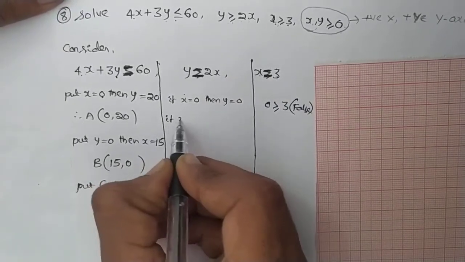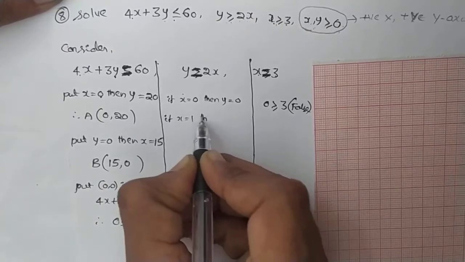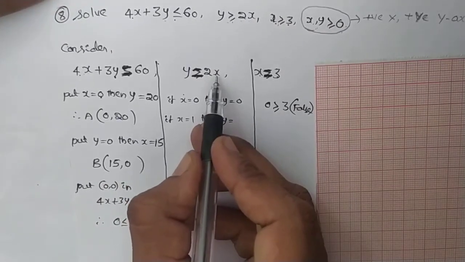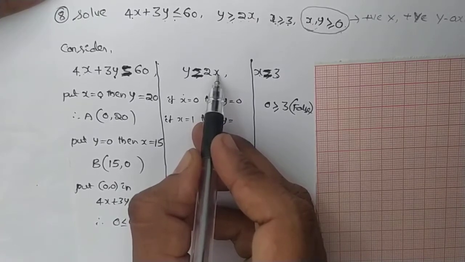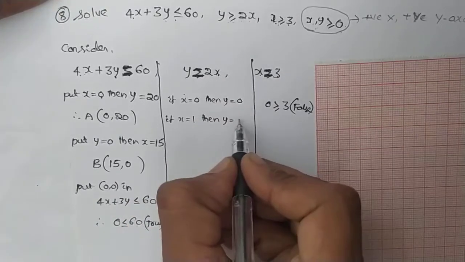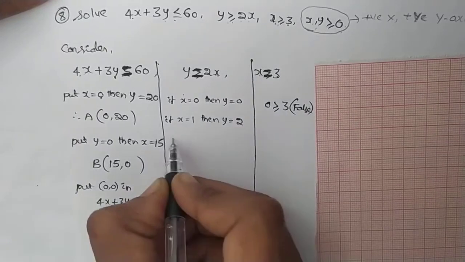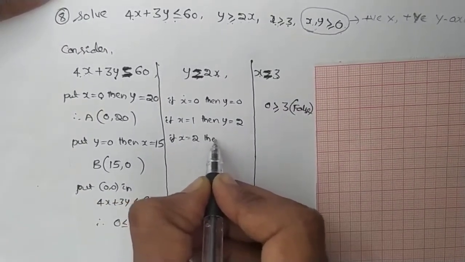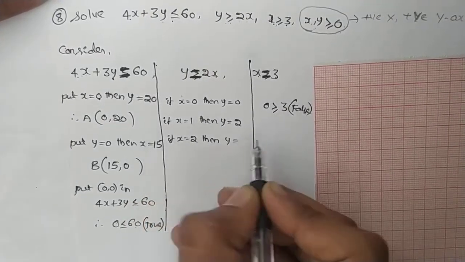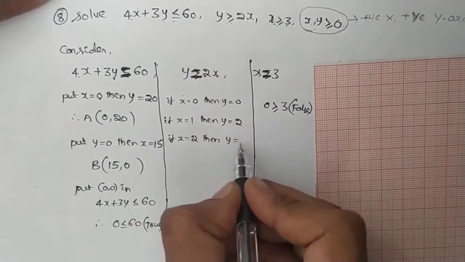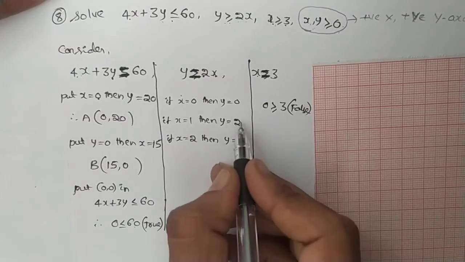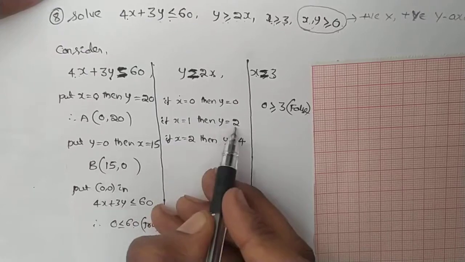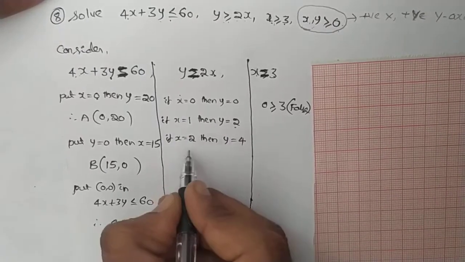If x equals to 1, then y equals to what? You just put x equals to 1, then y equals to what? 2 into 1 is 2. If x equals to 2, then y equals to what? 2 into 2 is 4, which is a multiple of 2 only. 2 into 0 is 0, 2 into 1 is 2, 2 into 2 is 4, and so on.